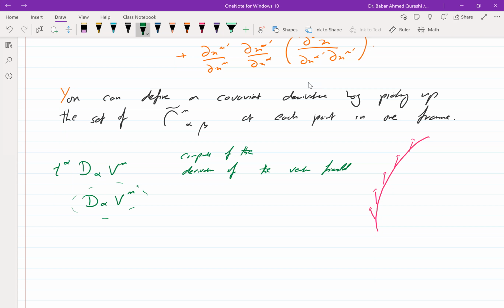But once you contract it with this guy, this is also a vector, this is also a kind of a field along a path. So this T alpha beta is the tangent vector of this path. And this guy is this vector field, which is defined at every point, but right now you're looking at it on the path.